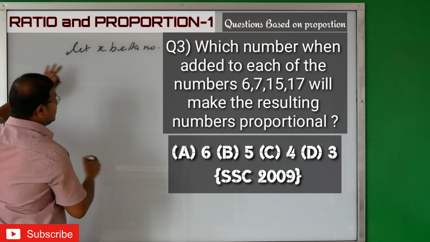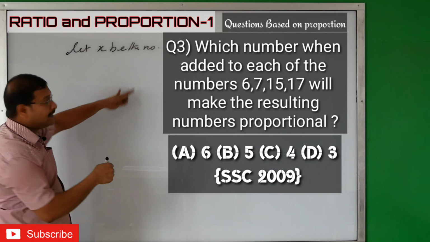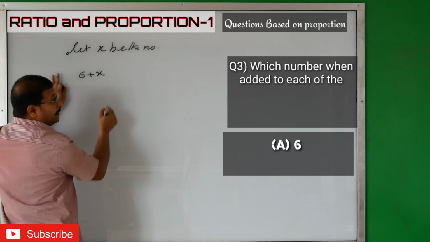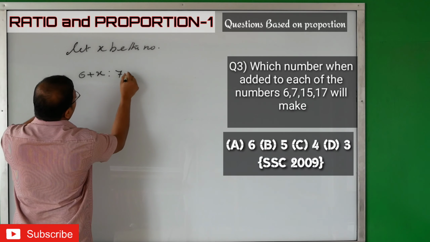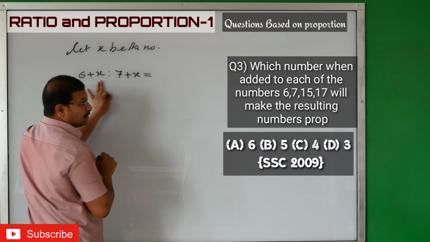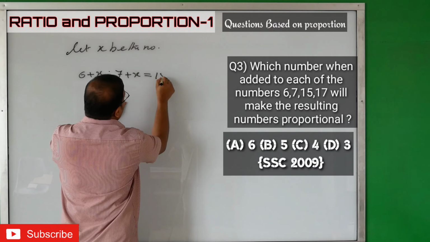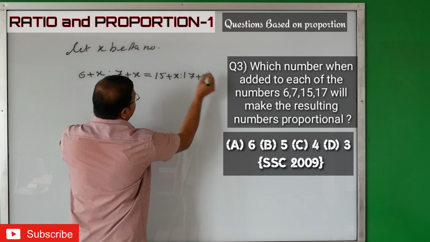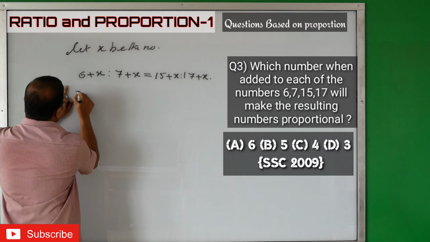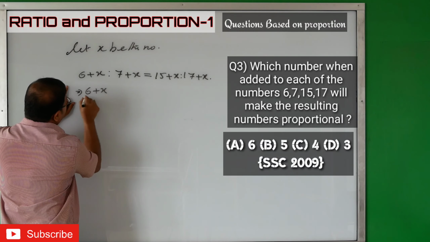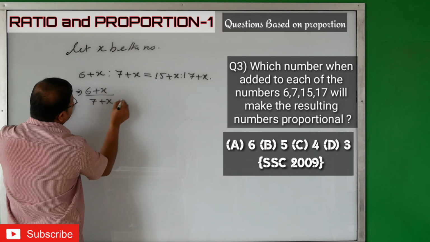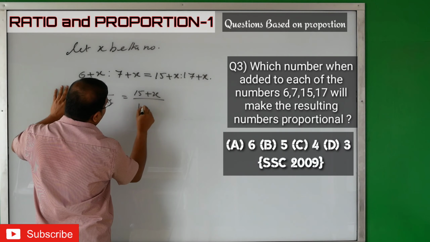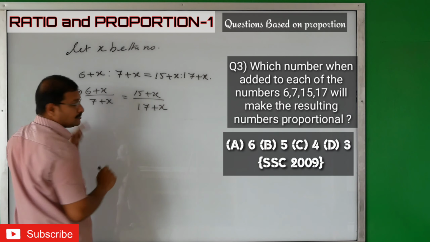That means what you will do means we have to make it proportional, isn't it? That means we will take 6 plus x is to 7 plus x equals 15 plus x is to 17 plus x. That means what you will do? This implies 6 plus x divided by 7 plus x equals 15 plus x divided by 17 plus x.